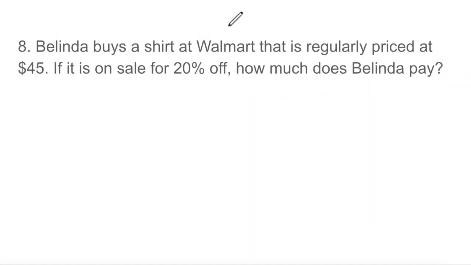Okay, and problem number 8, Belinda buys a shirt at Walmart that is regularly priced at $45. If it is on sale for 20% off, how much does Belinda pay? Well, the way to look at this is, if it's 20% off, how much does she still have to pay? She pays 100% of the price of the shirt minus the discount, which is 20%.